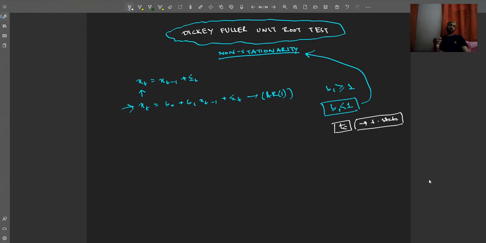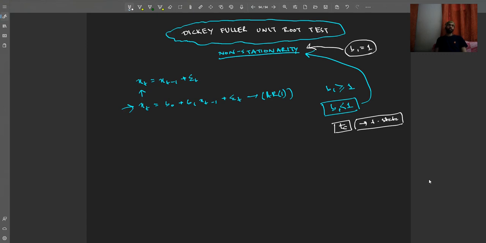But here, friends, this is not possible. The reason being, at b1 equal to 1, the equation becomes non-stationary. The equation itself becomes non-stationary. So autocorrelation measurements with the help of t statistics cannot be done here, right? So we have to do something else.